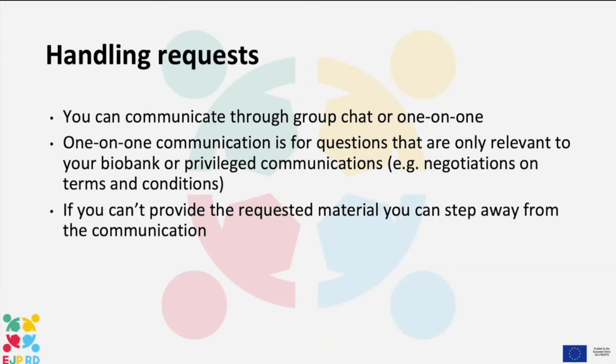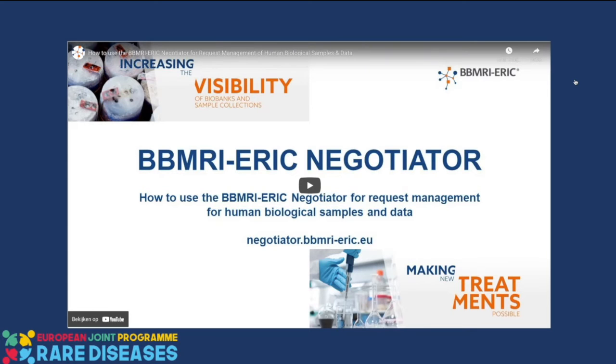So then I'll try to show it in the live version again. But if you later on want to look at the slides, there's also a small movie here that shows something about the negotiation process.